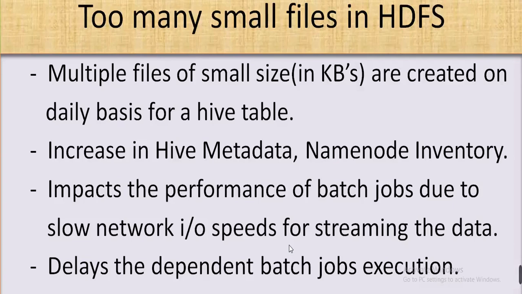If you have fewer splits, which results in a smaller inventory, it becomes easy for your job to read those splits, rather than reading too many splits from a number of HDFS locations. In your YARN cluster you have a number of data nodes, and it also has to find out which split is placed at which location. So ultimately it slows down your batch jobs' performance.